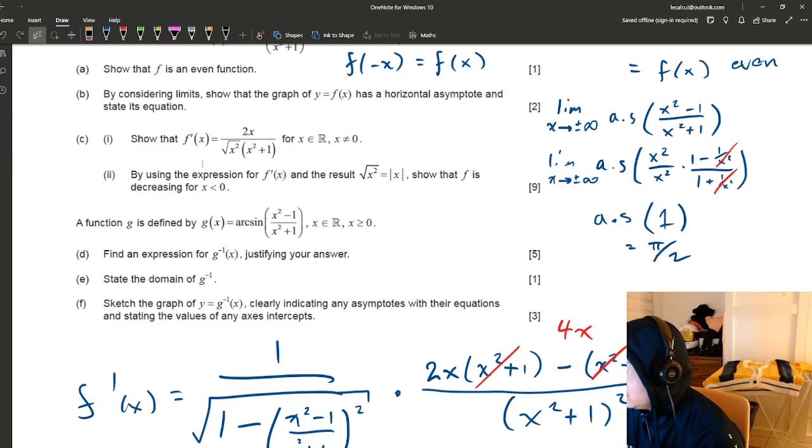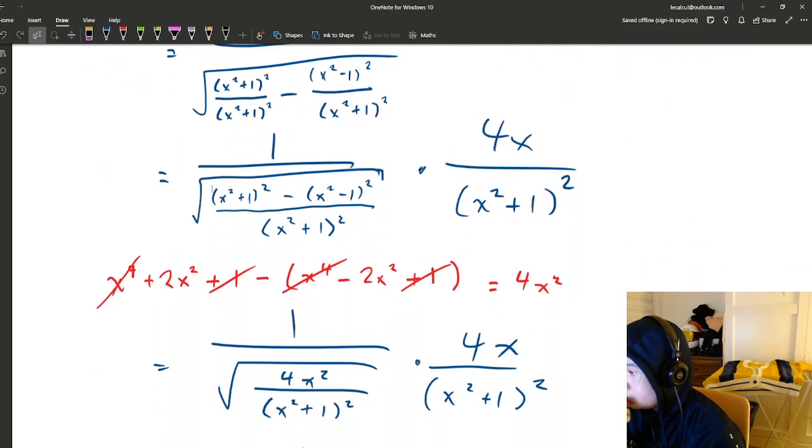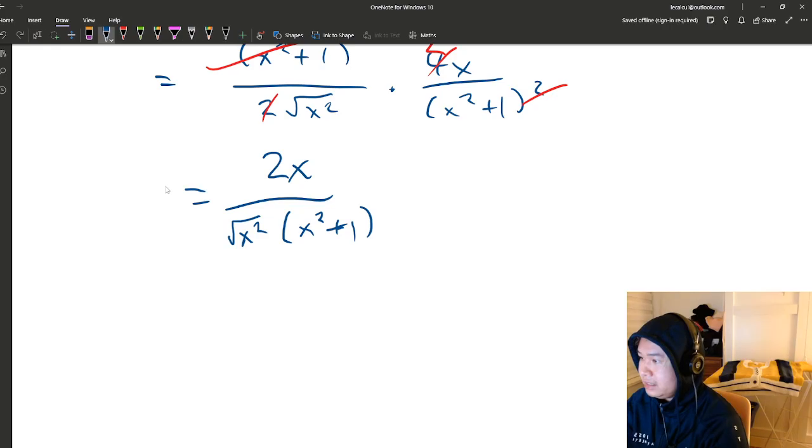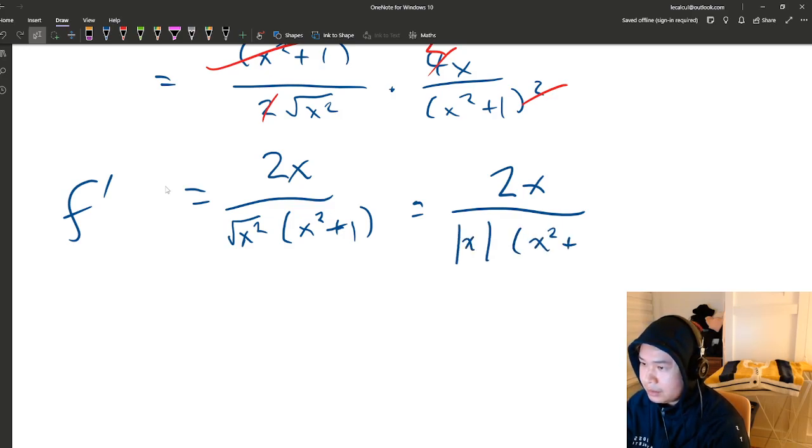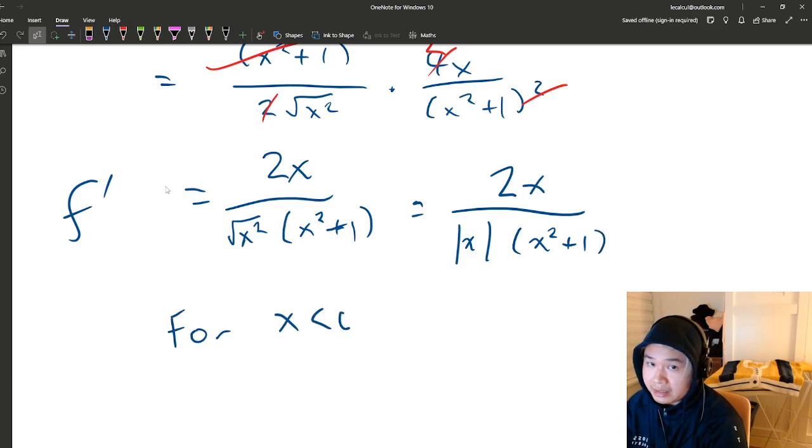Then by using this expression and this result here, show that f is decreasing for x less than 0. So this means that we have 2x, and this is f prime, by the way, over x squared plus 1. For x being negative, 2 times x is going to be negative.